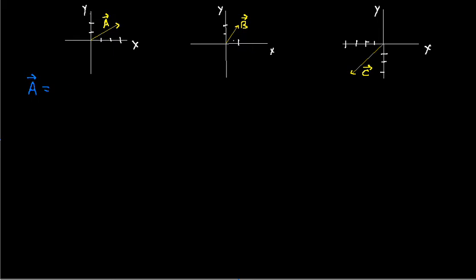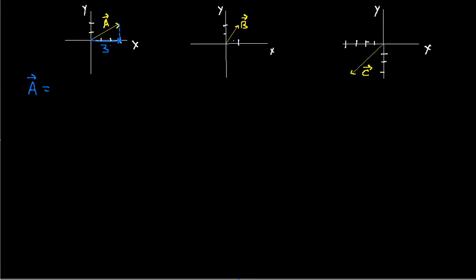Now you may say, well, how can we figure that out? Well, if you look at the diagram here, or the coordinate axis that I drew, and you drop down a perpendicular, you see that this component here is simply 3 units in the x direction.